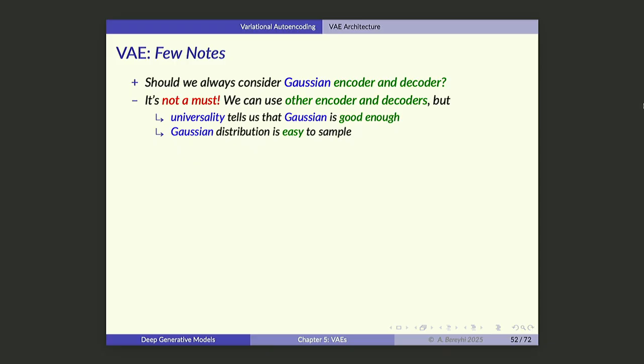So this is, I would say, the 99.9% convention that you always work with Gaussian, but this is not a must, right? Whatever we have done here, if you put any other distribution instead of Gaussian as the conditional distribution in the encoder and decoder, it's going to work, theoretically, right? How practical that is depends on your design, right? So this is one point.